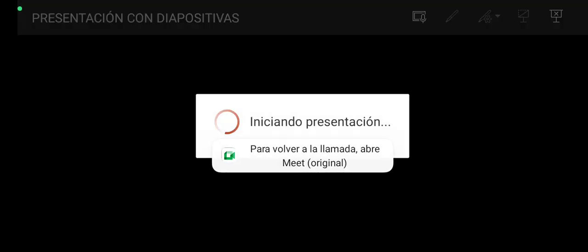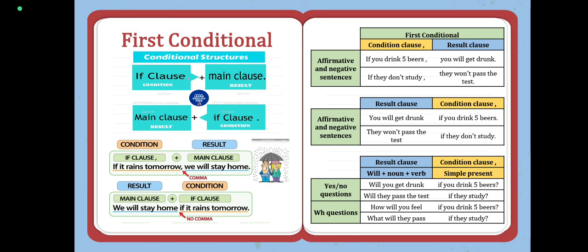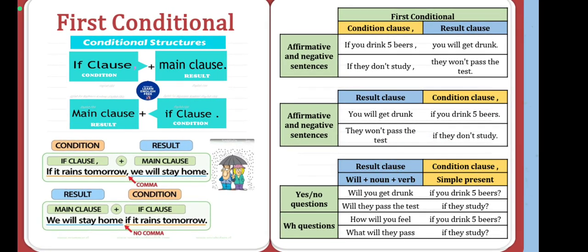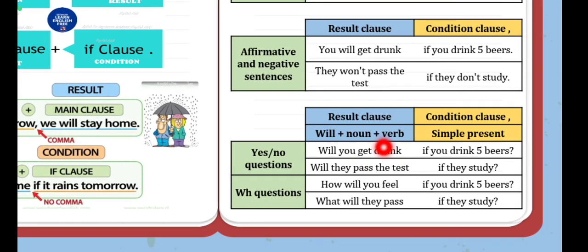Now for questions, with first conditional, it is more common to see this switch. So for questions, we normally use: will you get drunk if you drink 5 years?